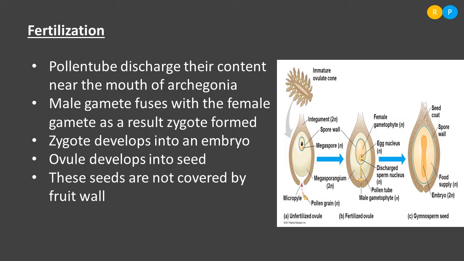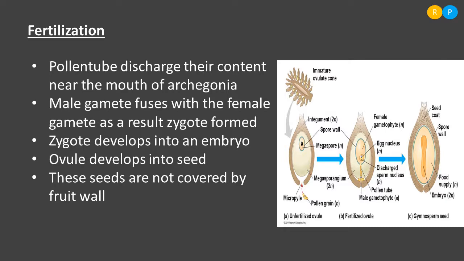Because of this, the gymnospermic plants are named heterosporous plants. Understood, children? In today's class, we have studied what happens in the gymnospermic plant after gamete formation. One step is pollination and the further step is fertilization. Clear, right? These are all the characteristic features of the gymnospermic plant.